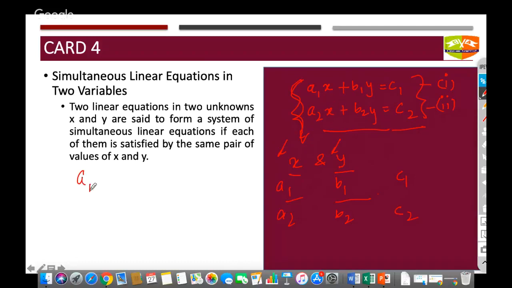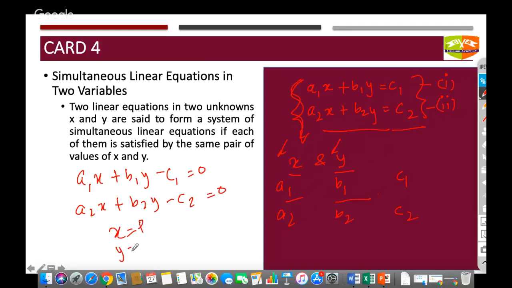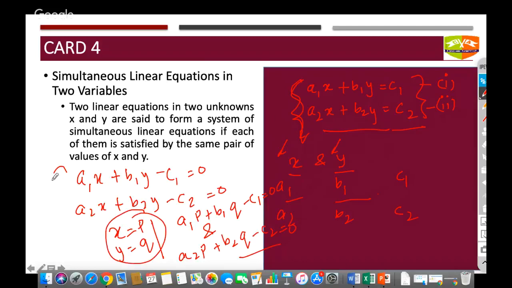So if I write it in the previous format, a1x plus b1y minus c1 is equal to 0, and a2x plus b2y minus c2 is equal to 0, and I take one value x is equal to p and y is equal to q, such that a1p plus b1q minus c1 is also 0, and a2p plus b2q minus c2 is also equal to 0. In that scenario, these two equations become simultaneous linear equations. That is how it has to be understood.